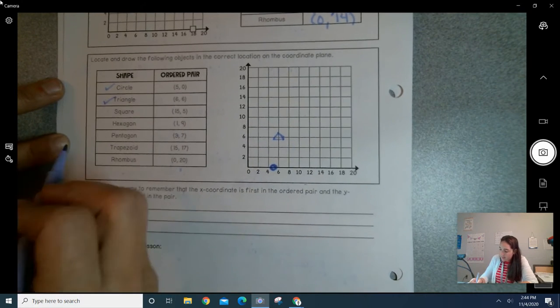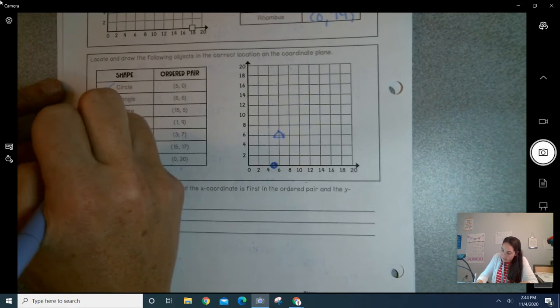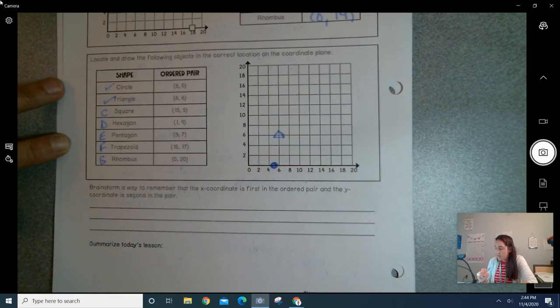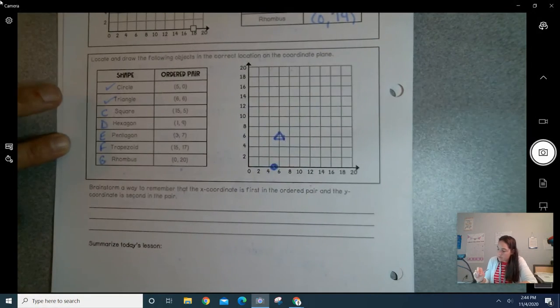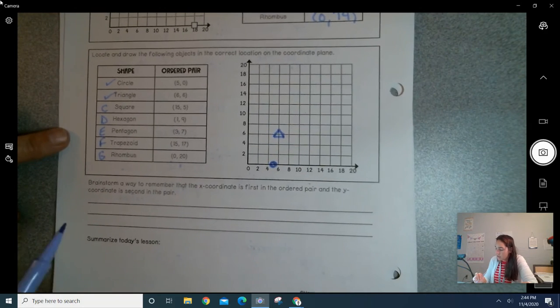I'm going to go ahead and label these for you guys. I want you to just put the letter on these spots instead of drawing the shape from now on. So I'm going to do one more of these, and then I want you to put the letters at the points instead of putting the shape.